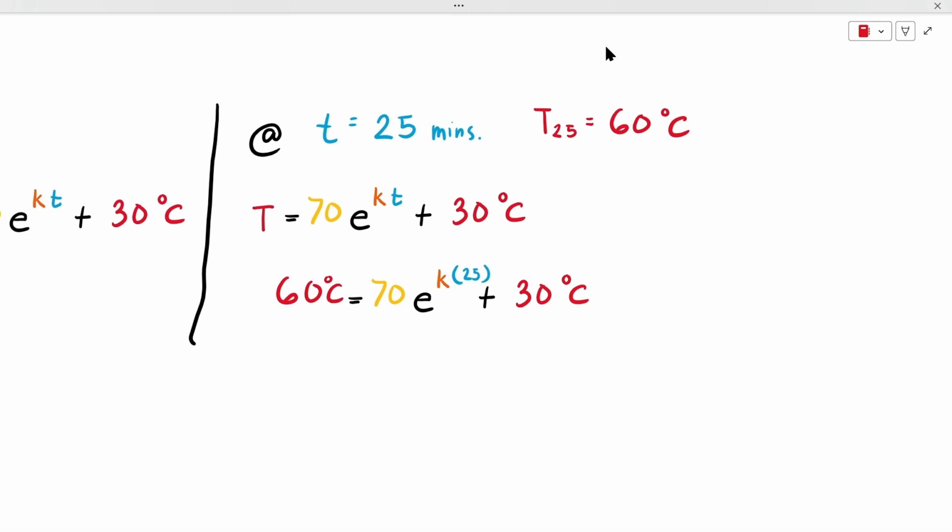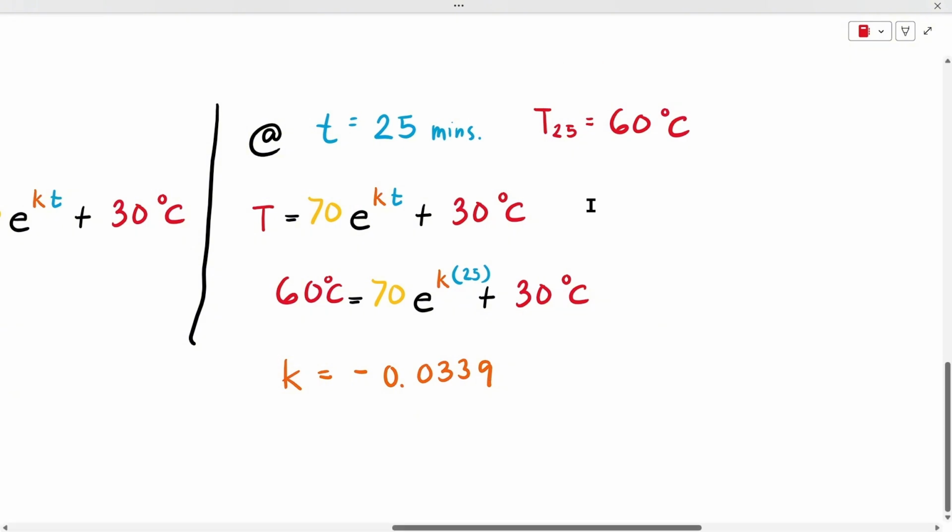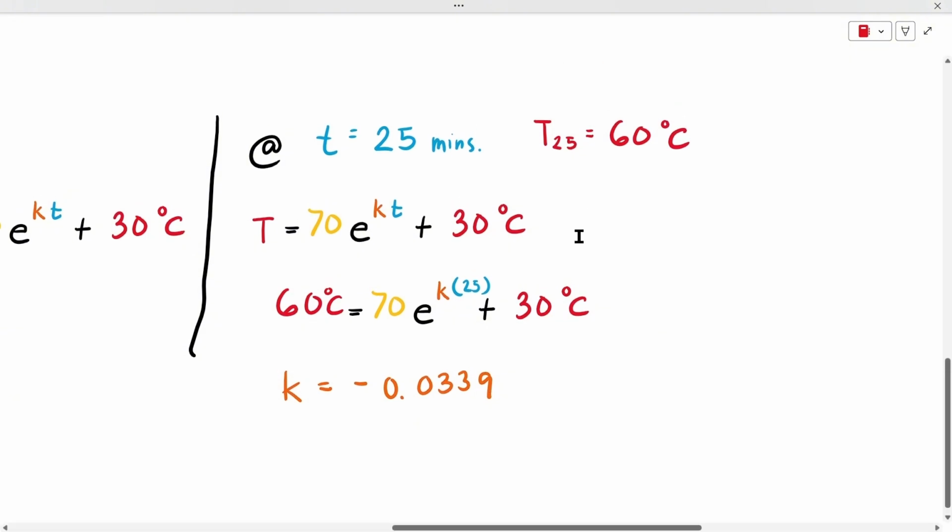If you further evaluate this, the proportionality constant is equal to negative 0.03389, or let's round it off to 4 decimals, so this will become negative 0.0339.